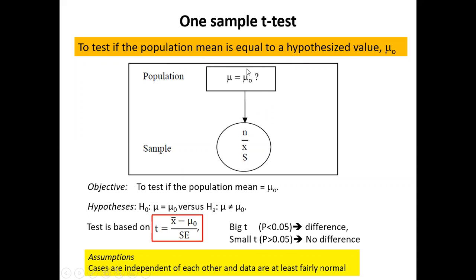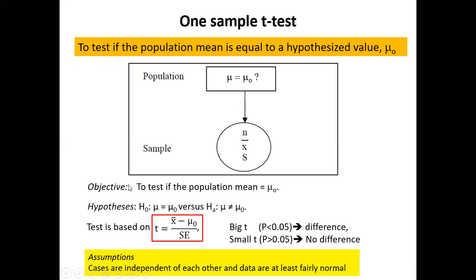Population. How many boxes here? One. So we have one population. The circle represents a sample. How many circles? One. One sample. That's why it's called one sample t-test.